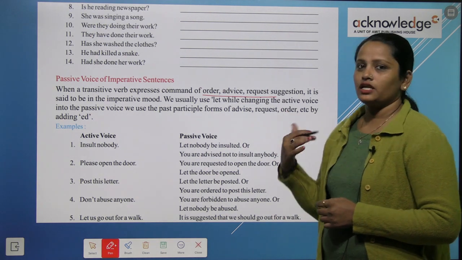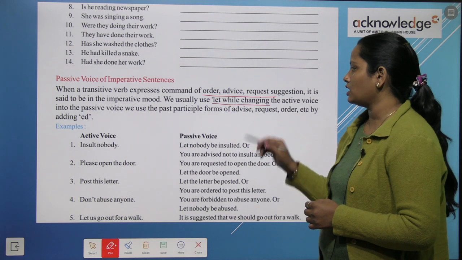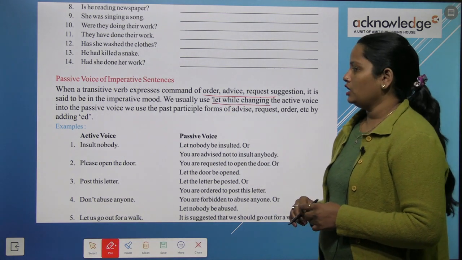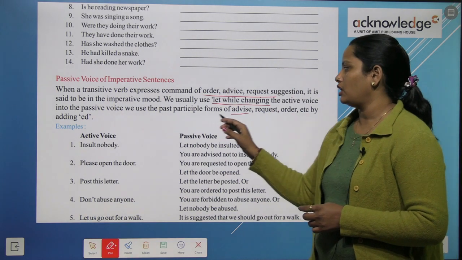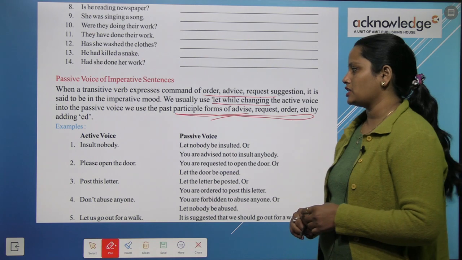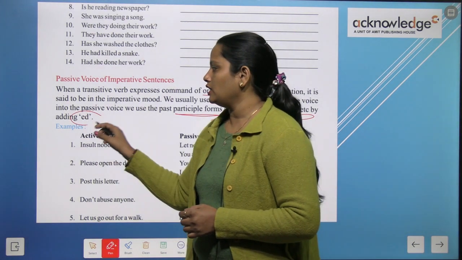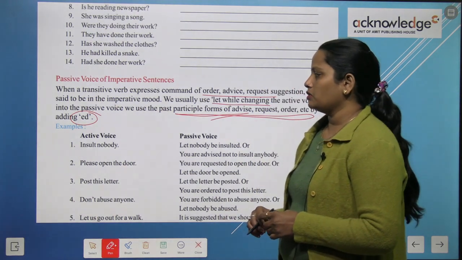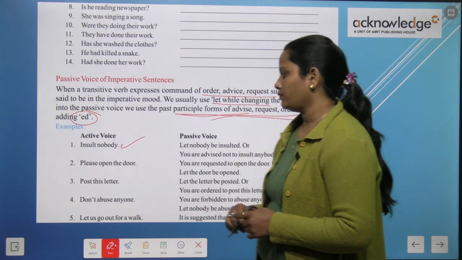So when we change such a sentence from active to passive, what do we use? Let. In the passive voice we use the past participle form of the verb. So for all these words, we use past participle forms by adding ed. For example, the examples are given here. Insult nobody.